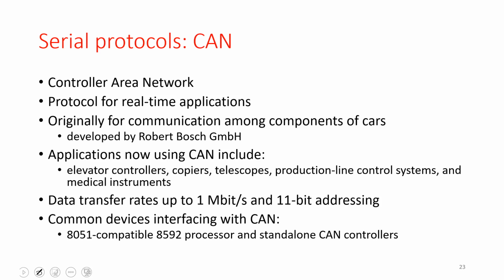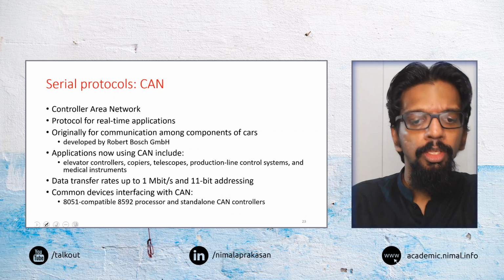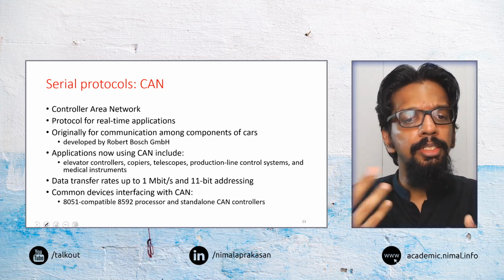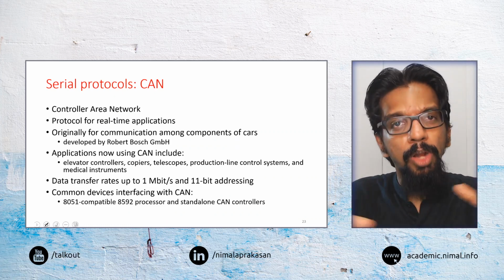Another serial protocol example is CAN, which is a Controller Area Network, which is commonly used in a lot of control systems where they build real-time applications. So things like elevators, lifts, or production lines.